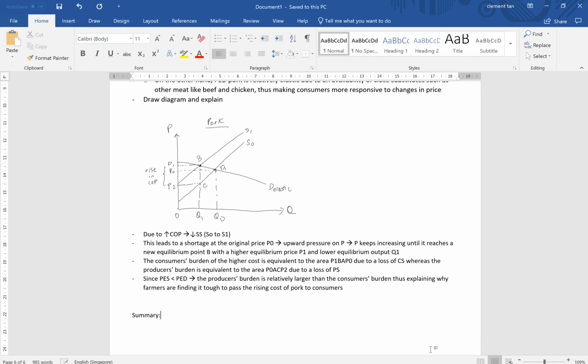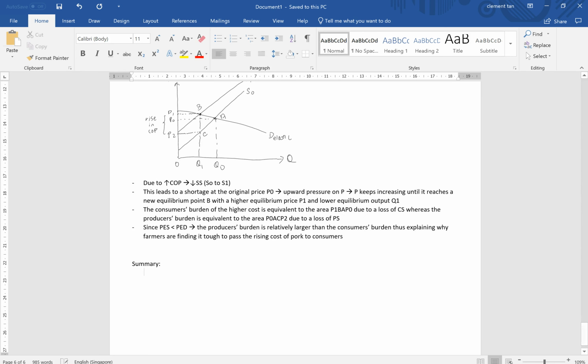Summary. Number one, in terms of content, you need to know what producer surplus and consumer surplus are. Number two, the main thing we're learning today is the incidence of tax.